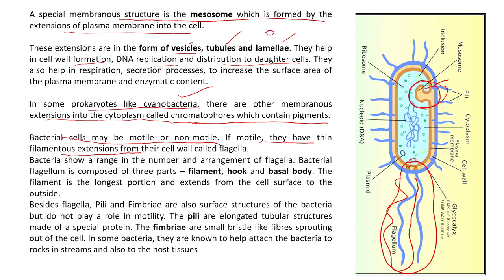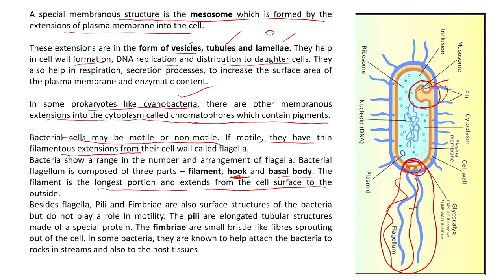This flagella has three components. One is the filament, which I told you is the tail portion. Another is the hook portion. Hook means where they are joined with the cell. And the other is the basal body. The filament is the longest portion, which extends from the cell surface to the outside.